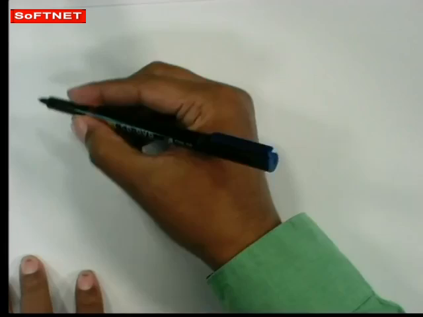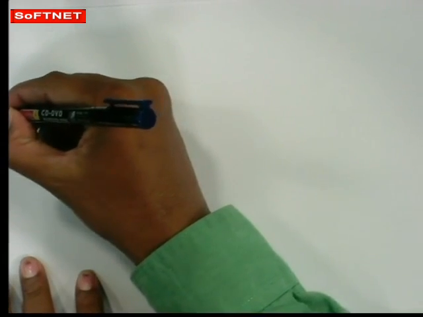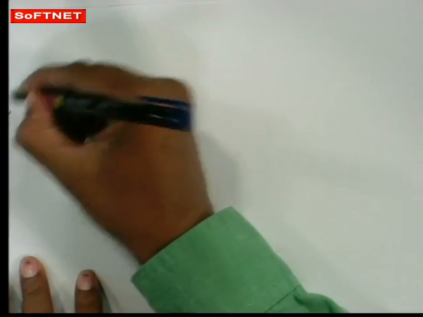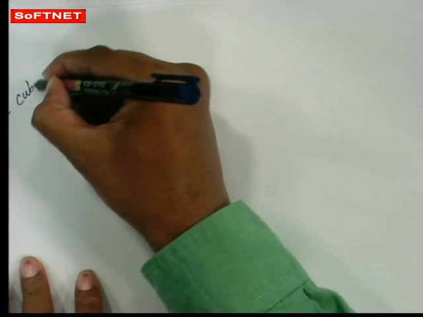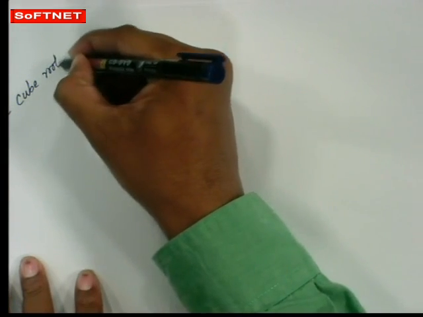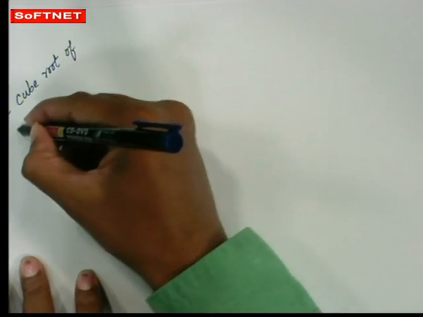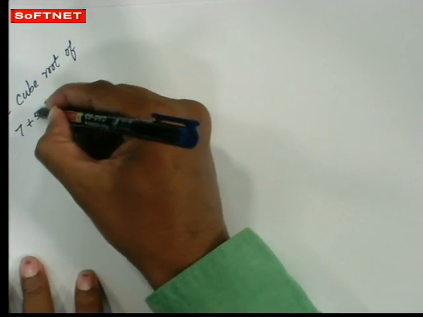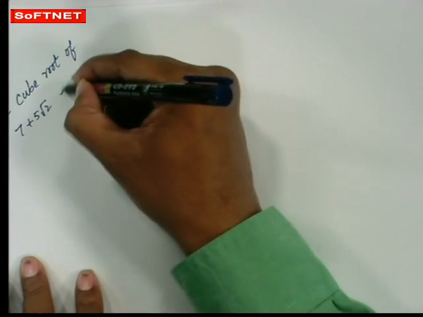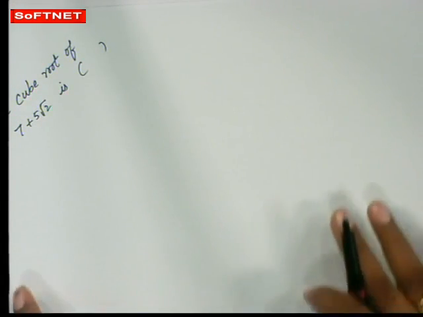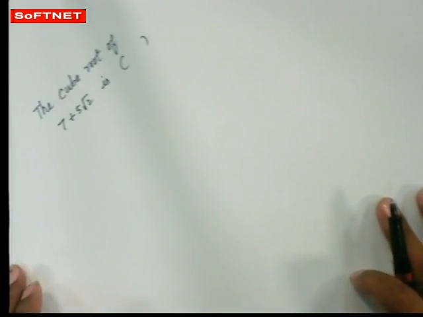So let us find out the cube root of, the question may be like this: the cube root of 7 plus 5 root 2 is, the question will be given like this in the examination. I repeat once again the question.